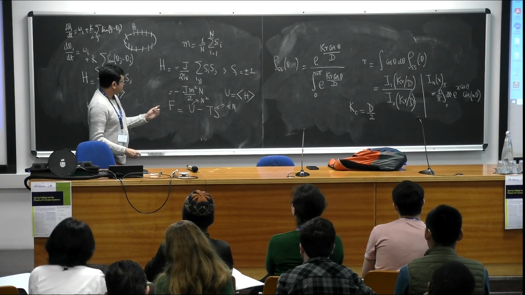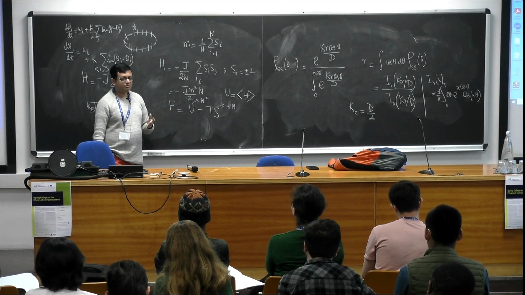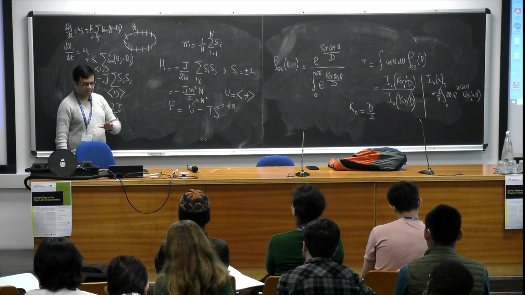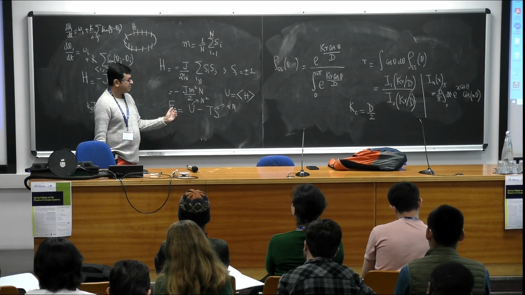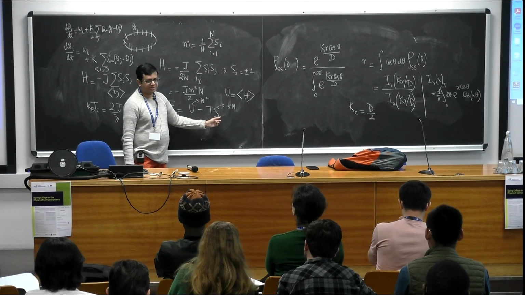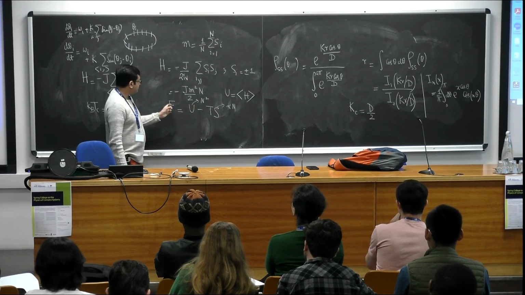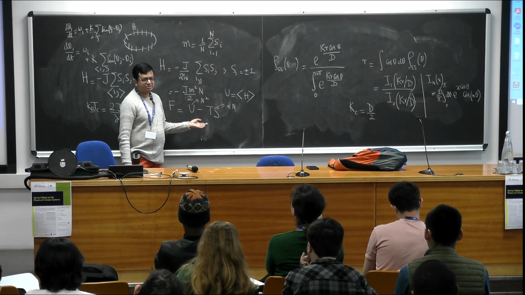Then I am in deep trouble, because I need to minimize the free energy to get to the equilibrium state of the system. If I need to minimize the free energy, I may as well forget the contribution of the entropy, because it is a subdominant contribution. So minimization of free energy is as good as minimization of the energy itself.